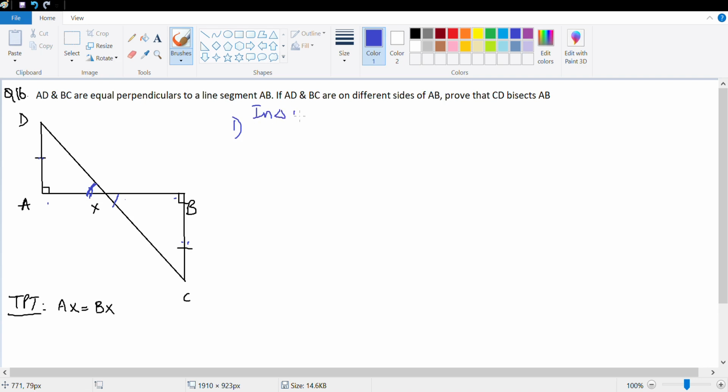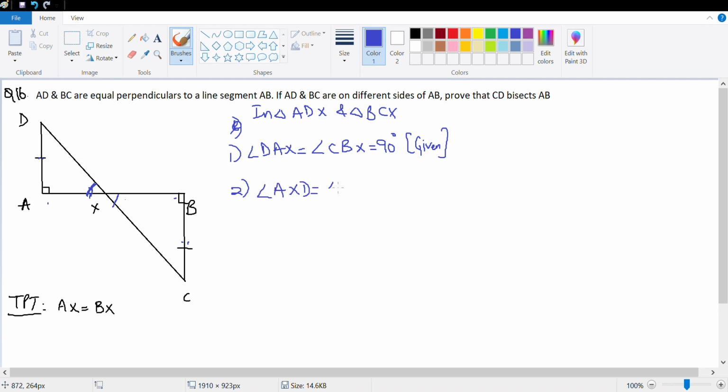So in triangle ADX and triangle BCX, number one, angle DAX is equal to angle CBX is equal to 90 degrees. This is given. So this is my angle. Next, the second angle that we're looking at is angle AXD is equal to angle BXC. Why? Vertically opposite angles are equal.